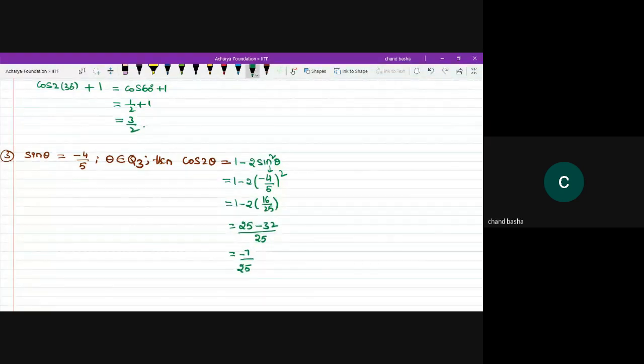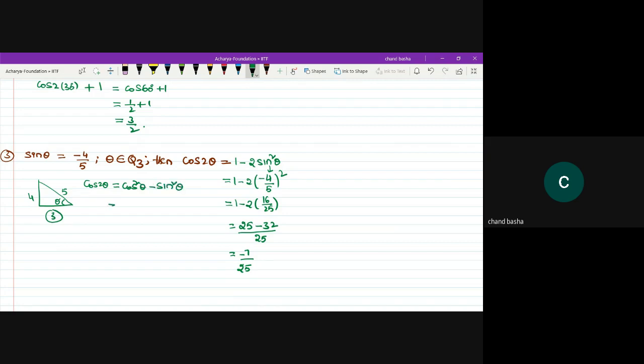Sir, I don't want to use this concept. I can make use of the right angle triangle. Yes, you can apply it. You will get the same answer. If I apply the right angle triangle, I get this angle as theta. Sin theta is given as 4 divided by 5 and this side must be 3. Cos 2 theta is equal to the general formula cos square theta minus sin square theta.